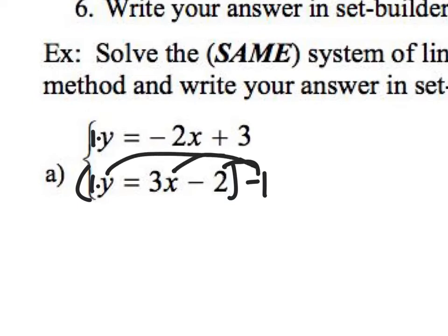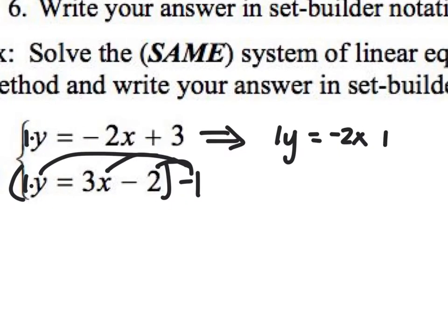Okay? So I'm going to first rewrite my top equation as 1y is equal to negative 2x plus 3. All right. Now, once I multiply this bottom equation by negative 1, I get negative 1 times 1y, which gives me negative 1y. And that's equal to negative 3x. Negative 1 times 3x gives me negative 3x. Negative 1 times negative 2 is going to give me positive 2.